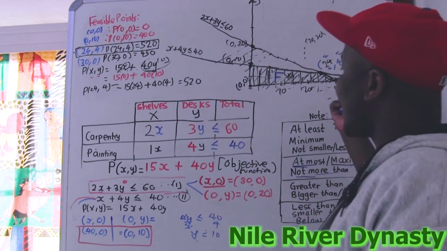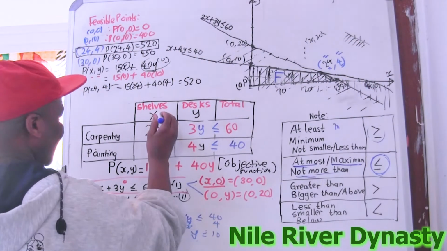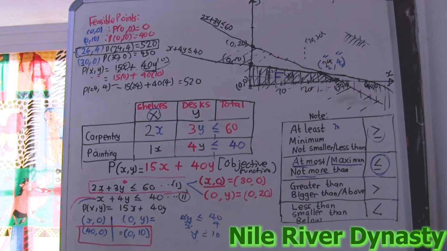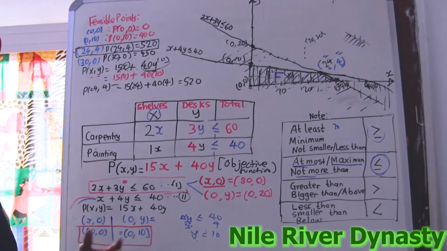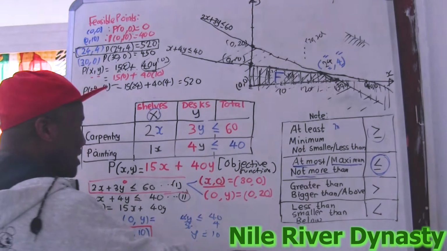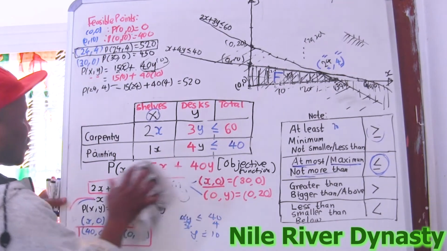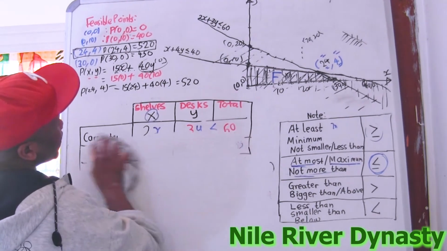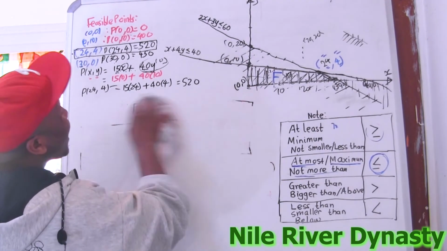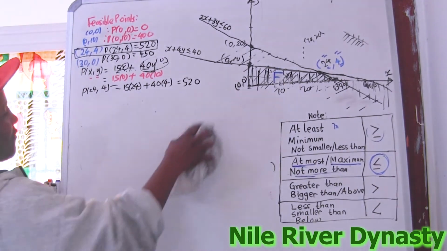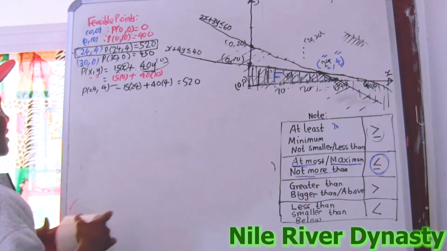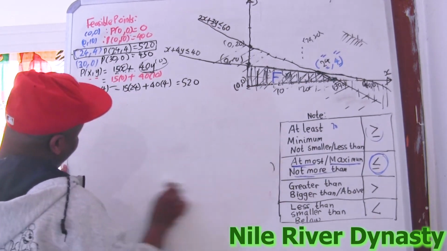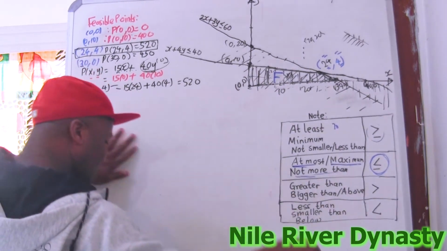So in our case, you don't want to say x, you must say shelves. How many shelves? 24 shelves and 4 desks are going to maximize the profit. Because x is shelf and y is desk, we say 24 shelves and 4 desks are going to maximize our profit, and our profit is going to be 520, because it gives us the biggest profit.